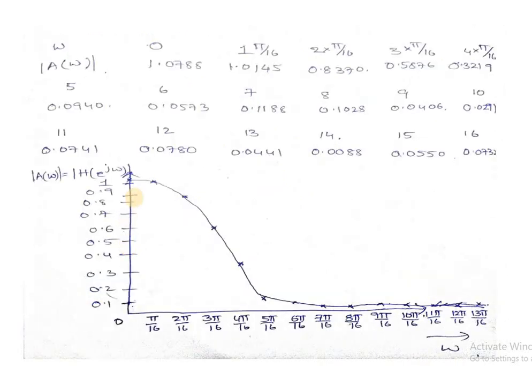I have considered 16 samples here between 0 to pi, and therefore I write it as 0 into pi by 16, 1 into pi by 16, 2 pi by 16, 3 pi by 16, 4 pi by 16, and different multiples of pi by 16 until pi. 16 into pi by 16 leads to pi, that is equal to 1 in this case, and therefore from 0 to 1 I have taken as many as 16 values and calculated those magnitudes of A of omega in this case.